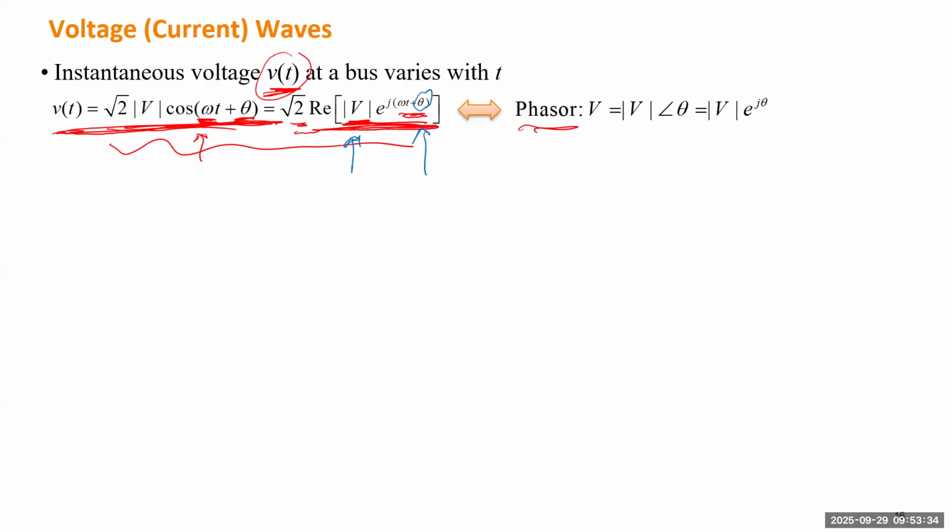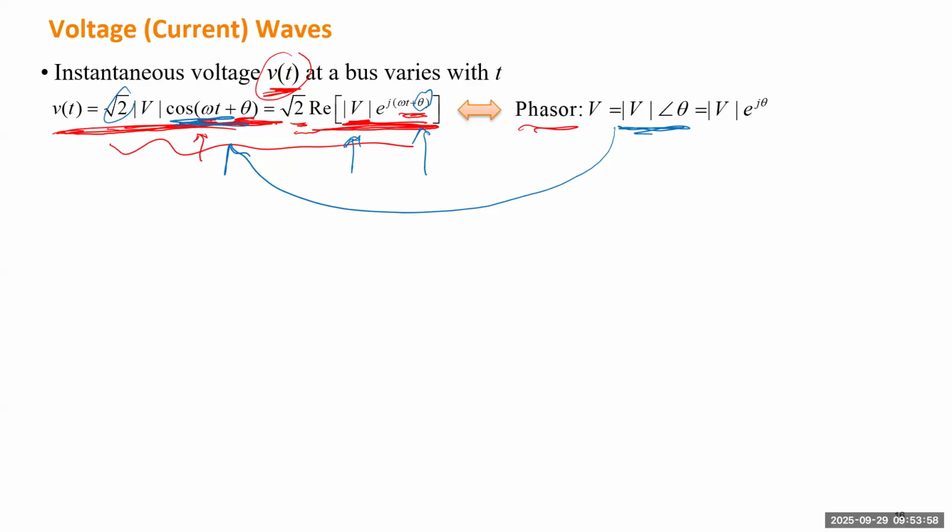Once we know the absolute V and theta, we can construct a phasor. And from this phasor, we can go back to the original accurate formula. We just need to multiply the RMS value by the square root of 2 and construct this cosine function by adding omega t.